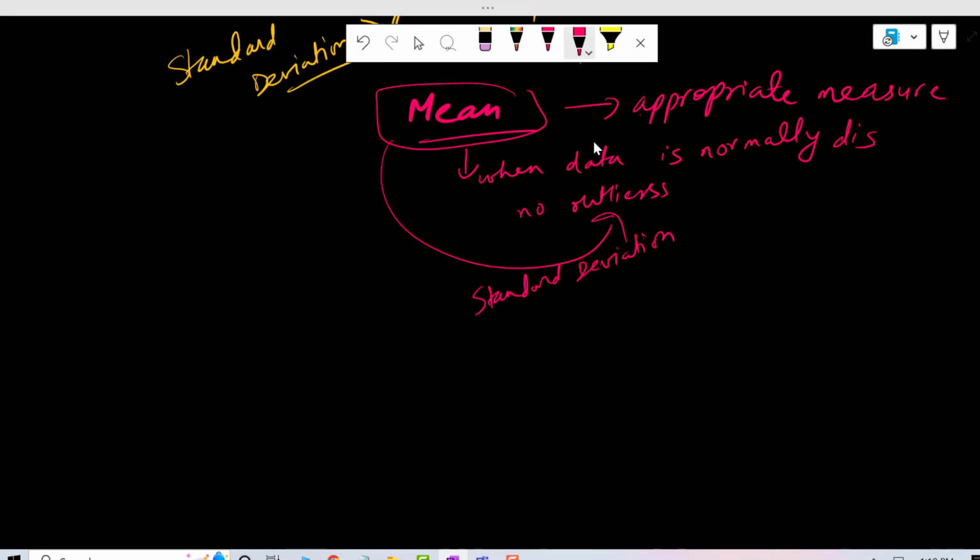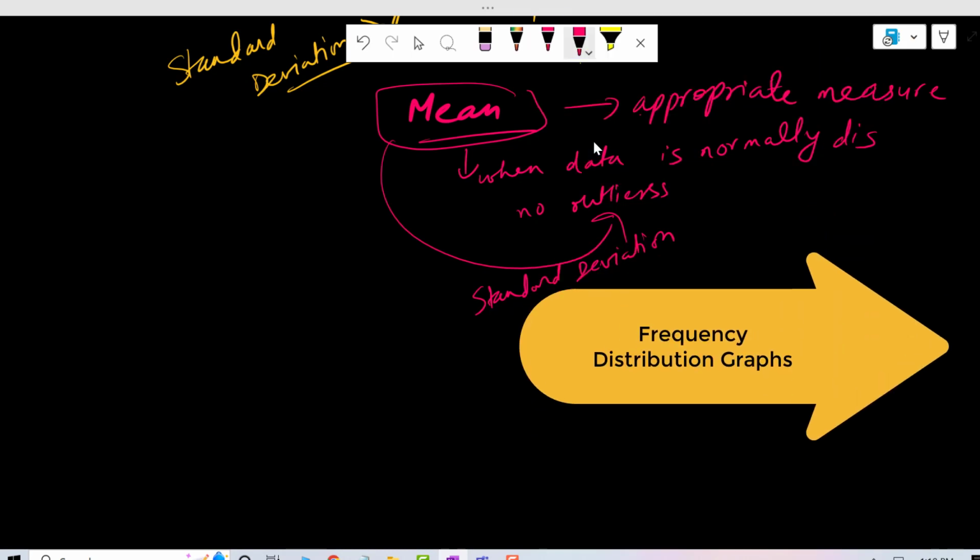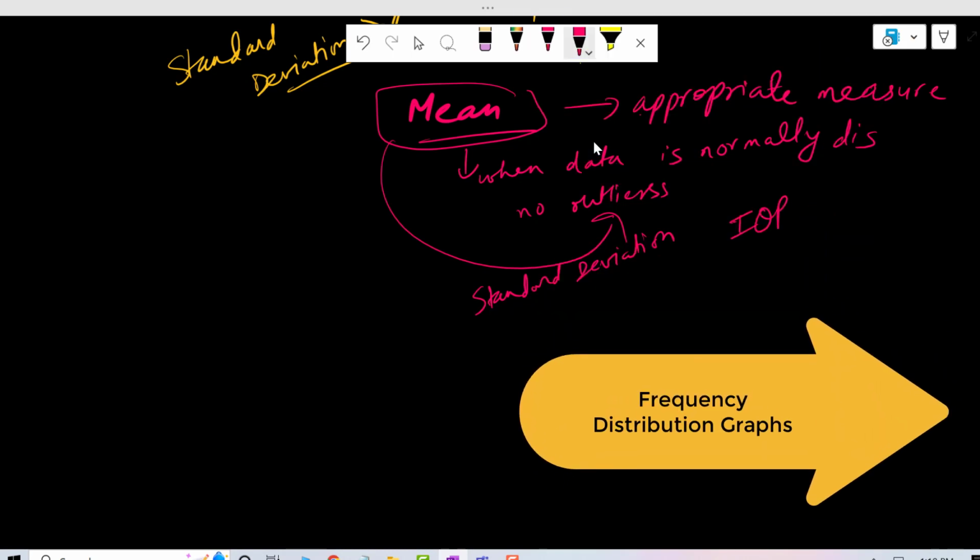So we talked about interquartile range, which was derived from median, in case we have asymmetrical data. Take the measurement in terms of IQR, and in case we have symmetrical data, we talk in terms of standard deviation and mean.